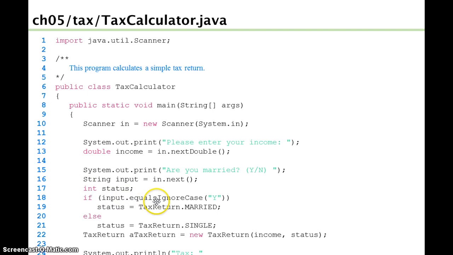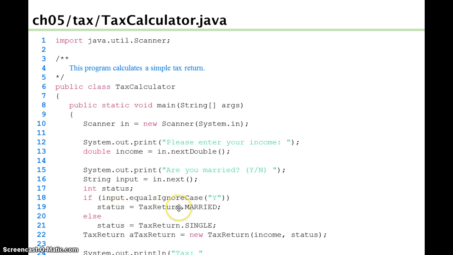And if what they entered as their marital status is Y for yes they're married, and we don't care about the case, it could be uppercase Y or lowercase y, then we say TaxReturn.MARRIED.